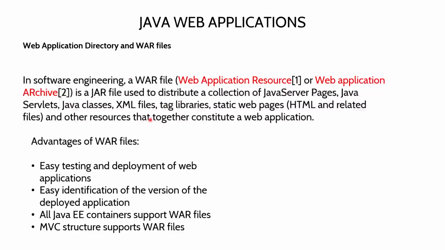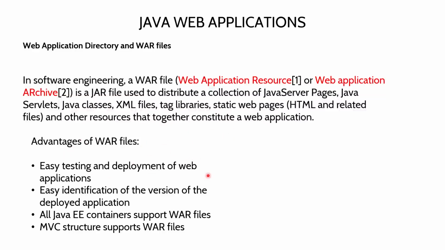So in software engineering and in Java web development, there is a resource called a WAR file. This is a web application resource or a web application archive. It's very, very similar to a jar file, and it's used to distribute the collection of Java web resources, including Java server pages, Java servlets, Java classes, any and all XML files, tag libraries, static web pages, images, and other resources that together constitute the web application.